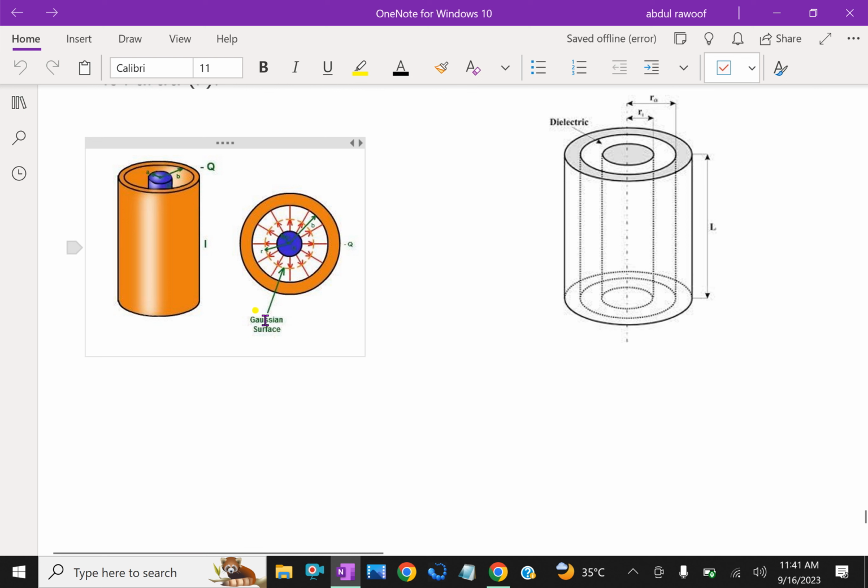A single core cable or cylindrical capacitor consists of two coaxial cylinders of radius a and b meters, as shown in the figure. Let the charge per meter length of the cable on the outer surface of the inner cylinder be positive q coulombs, and on the inner surface of the outer cylinder be minus q coulombs.